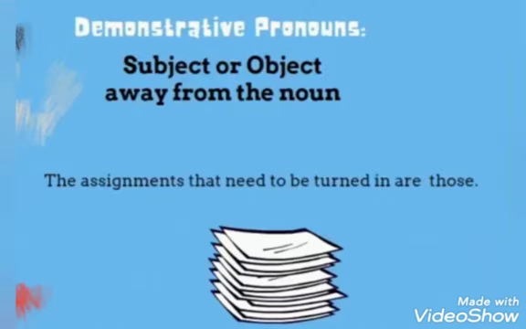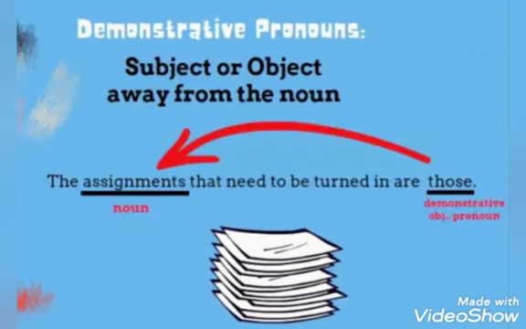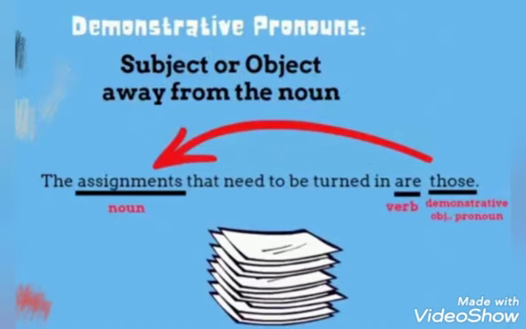Next, the assignments that need to be turned in are those. Again, the demonstrative pronoun is away from the noun that it is referring to. It is following the verb, and the noun that is being pointed out is on the opposite side. In this sentence, assignment is the noun and the demonstrative pronoun is pointing it out.